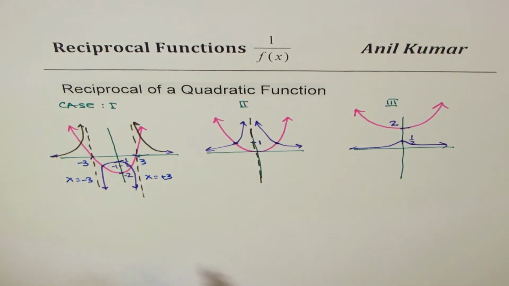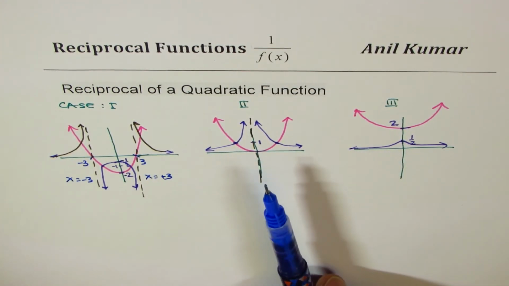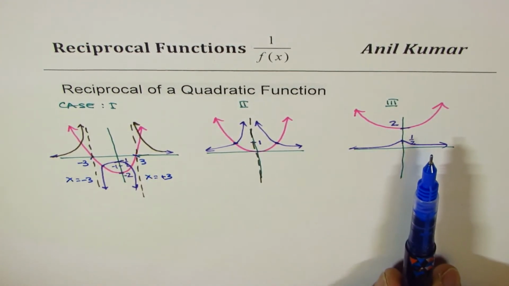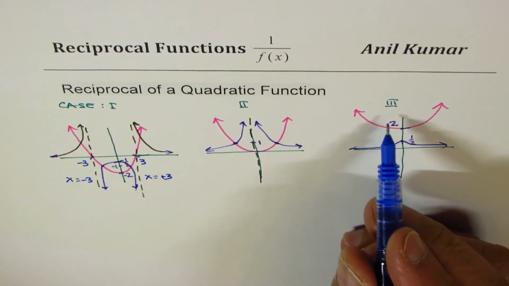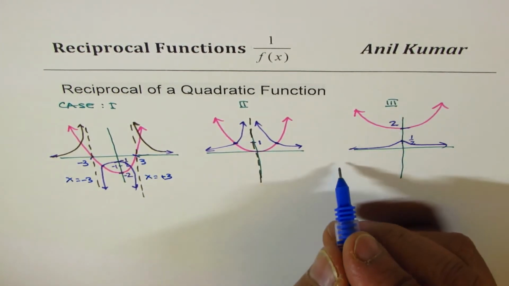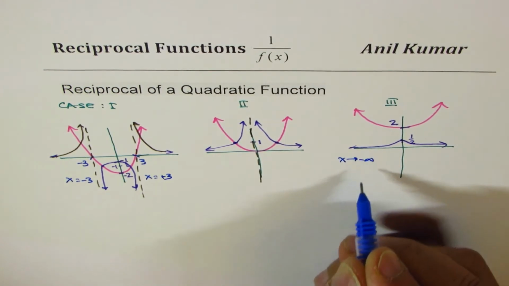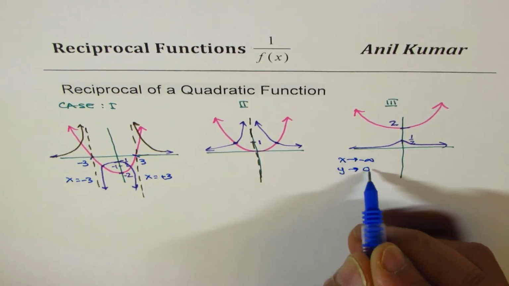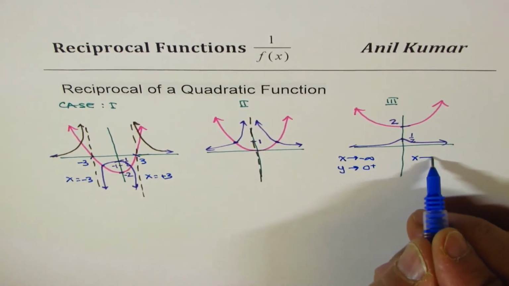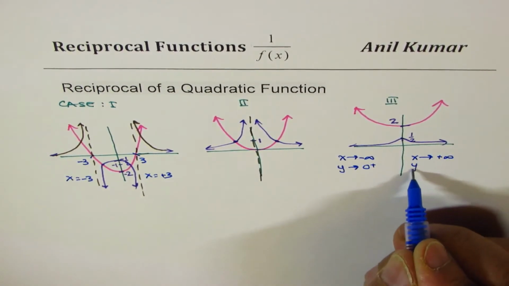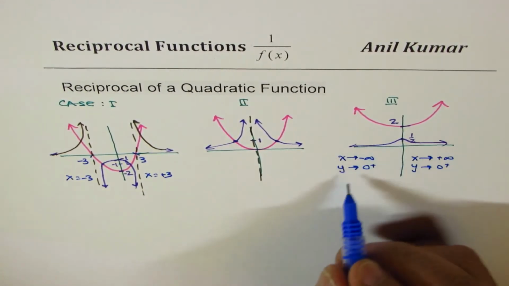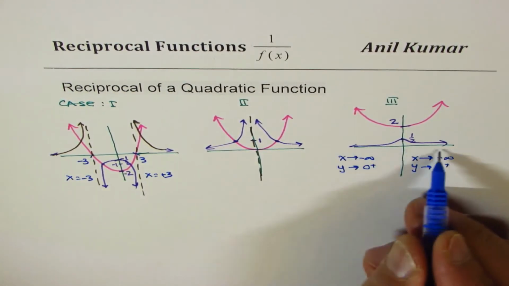Do you see that? Now from these 3 examples, I'd like you to write down the end behavior of each. End behavior really means, let me write down for this function now: if x approaches negative infinity, then y approaches 0 from the positive side. If x approaches positive infinity, y approaches 0 from the positive side, correct? Now in this case, we do not have any x-intercepts.